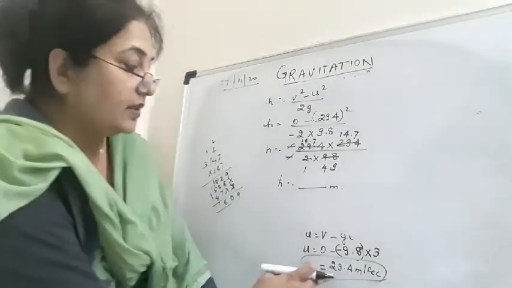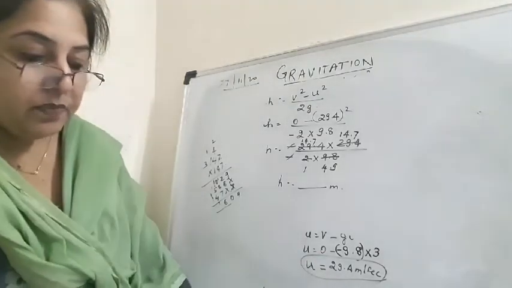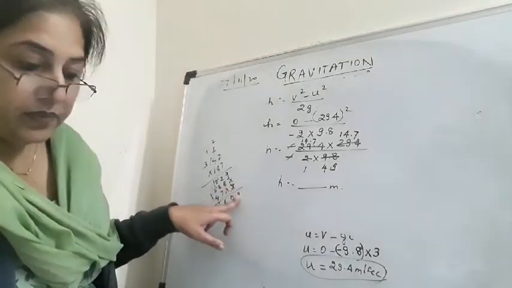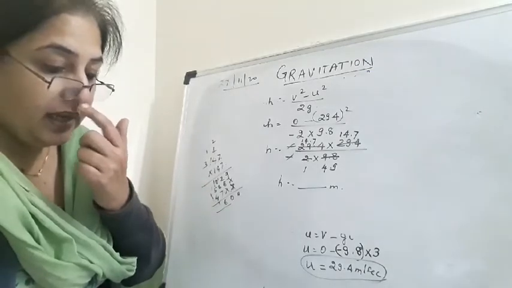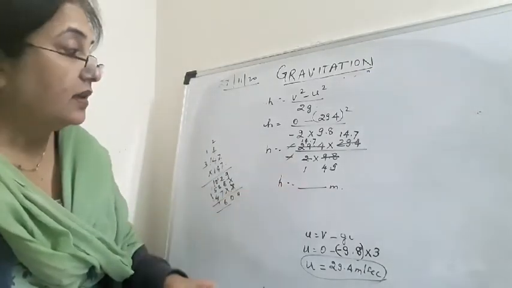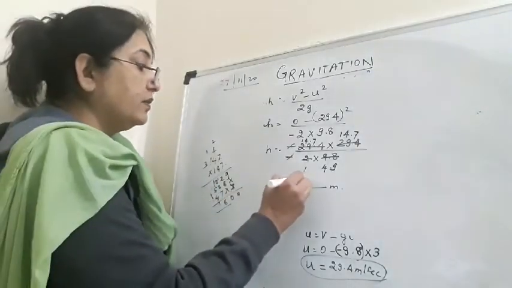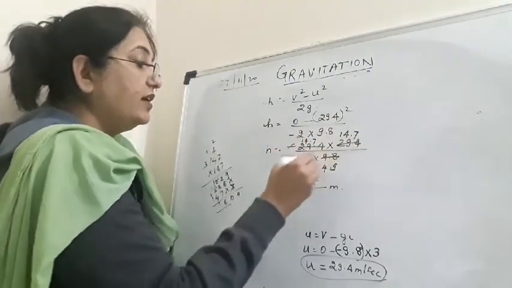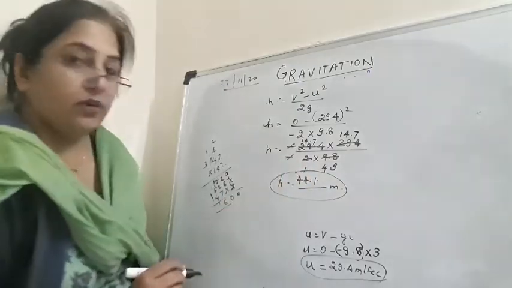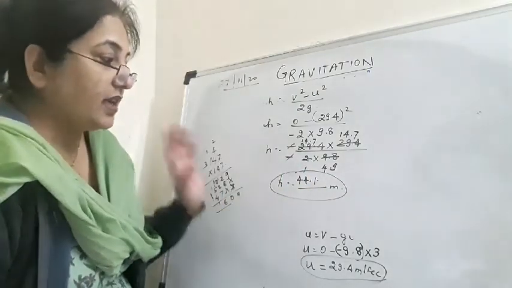This answer 29.4 is correct, and if I solve this it will take a little time, so I'll just write down the answer. This is 44.1 meters. How will you check? You solve this, divide it, and check whether this answer is correct or not. Now this is your second part.